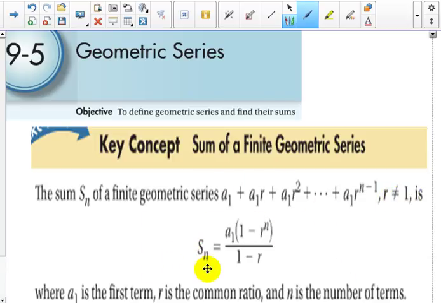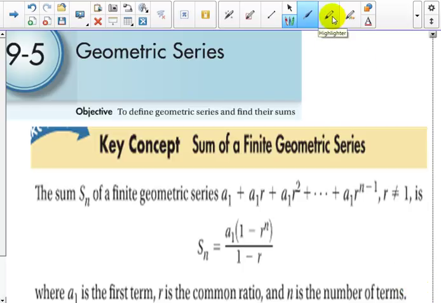S sub n is equal to the first term, a sub 1, times 1 minus r, which is that common ratio, to the nth power, the number of terms, all over 1 minus r, where a sub 1 is the first term, r is the common ratio, and n is the number of terms.